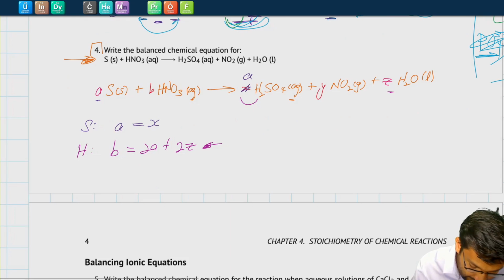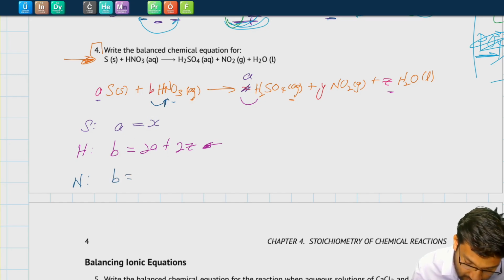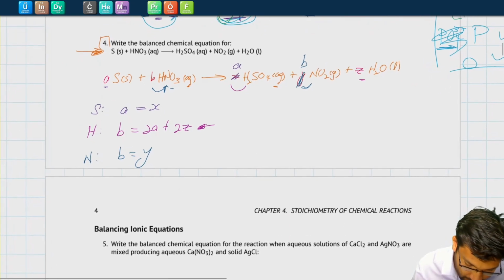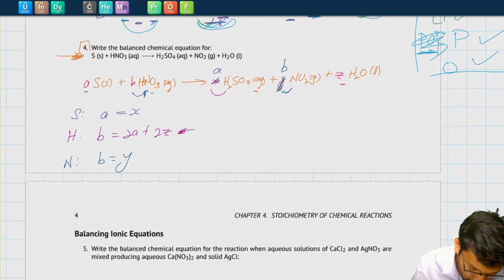Let's look at oxygen now, or sorry, nitrogen. So for nitrogen, there are b number of nitrogens on the left-hand side, and on the right-hand side, there are y number of nitrogens. So right away, we know that y and b are the same numbers. Let's look at oxygen. On the left-hand side, we have 3 times b, so 3b.